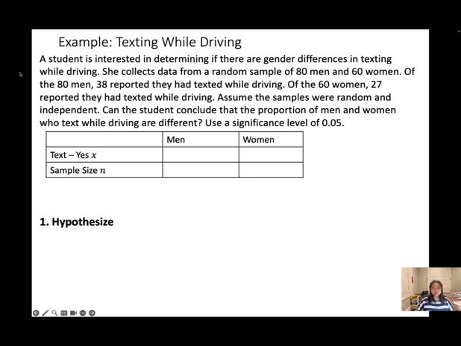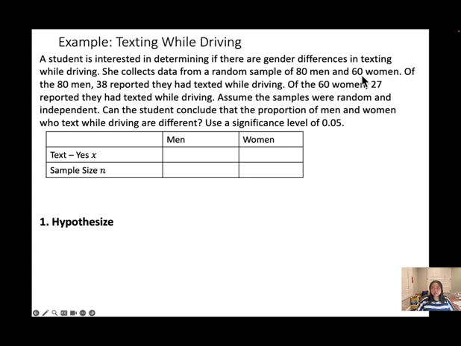A student is interested in determining if there are gender differences in texting while driving. So collect data from a random sample of 80 men and 60 women. Of the 80 men, 38 report they had texted while driving.